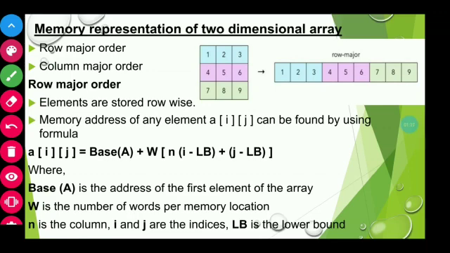The value of W depends on the data type of the array. N is the number of columns. I and J are the indices for row and column. LB is the lower bound.